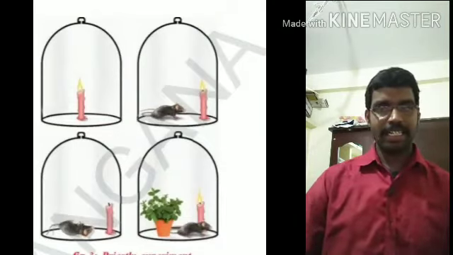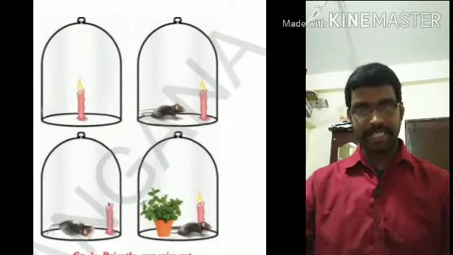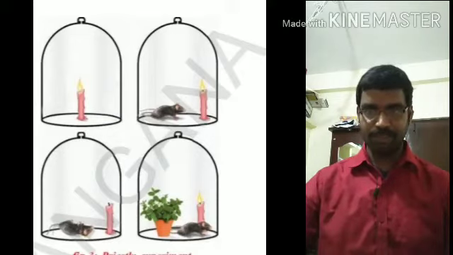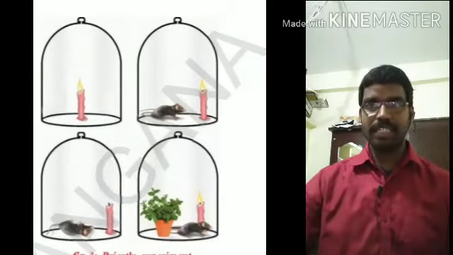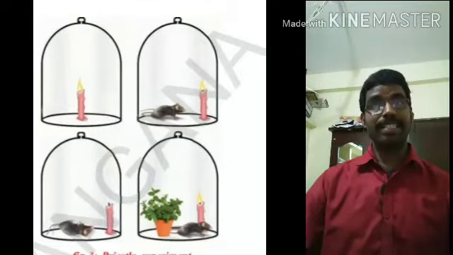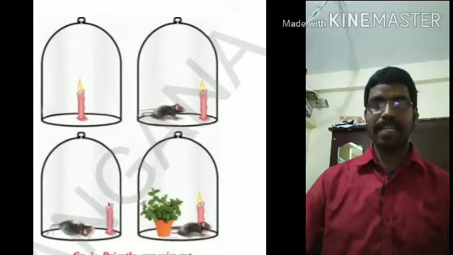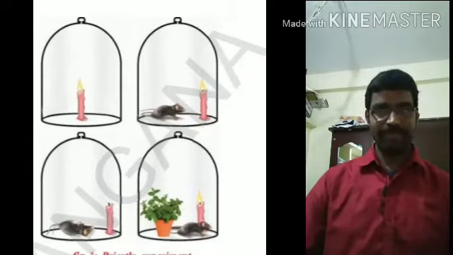Finally, Priestley concluded as follows: plants restore the air which burning animals and burning candles remove. Whenever we use a candle and a mouse, they use the oxygen present in the bell jar, decreasing the oxygen percentage, so the candle goes out and the mouse is suffocated.